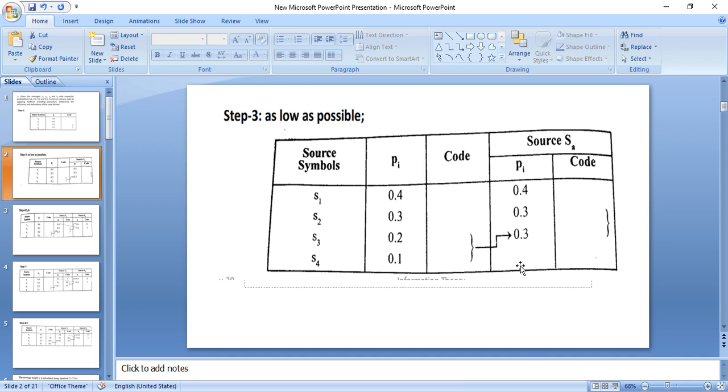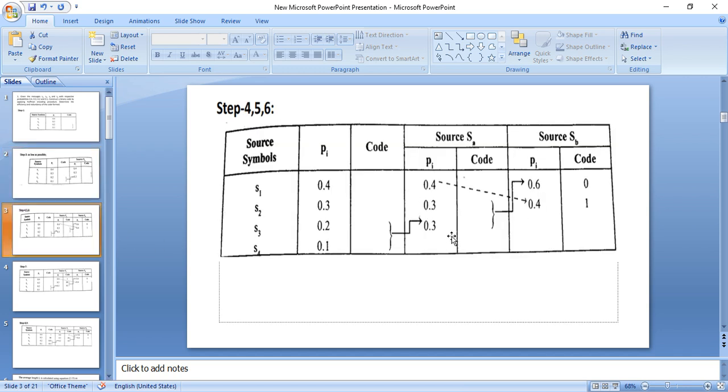In the as low as possible method, after the addition the combined probability must be kept at the bottom of the column. This is the method we have followed, so 0.3 we keep at the bottom.